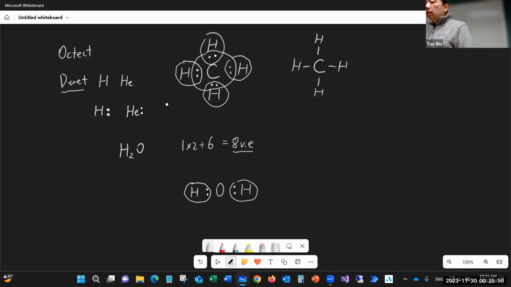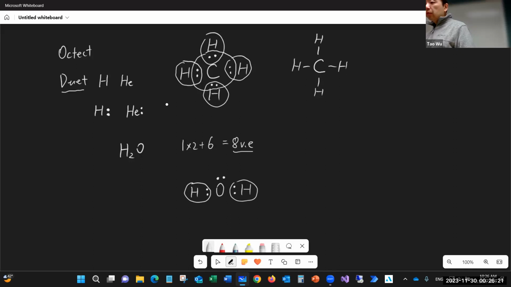And remember, I don't want you to be confused. When we assign dots on the elements, we put single dots. But when we put the dots on the molecule, we always put paired dots.